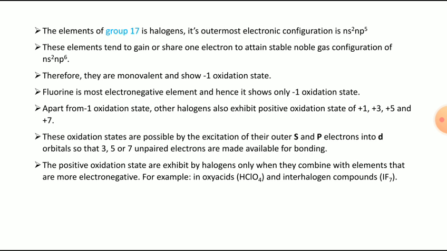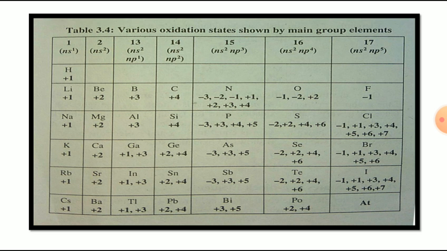So this is about the oxidation states of the s block and p block elements, that is, main group elements. In that we have seen the inert pair effect, and now we are going to see the electronegativity of these main group elements. Before that, this is the chart I told you about at the very first of this lecture.